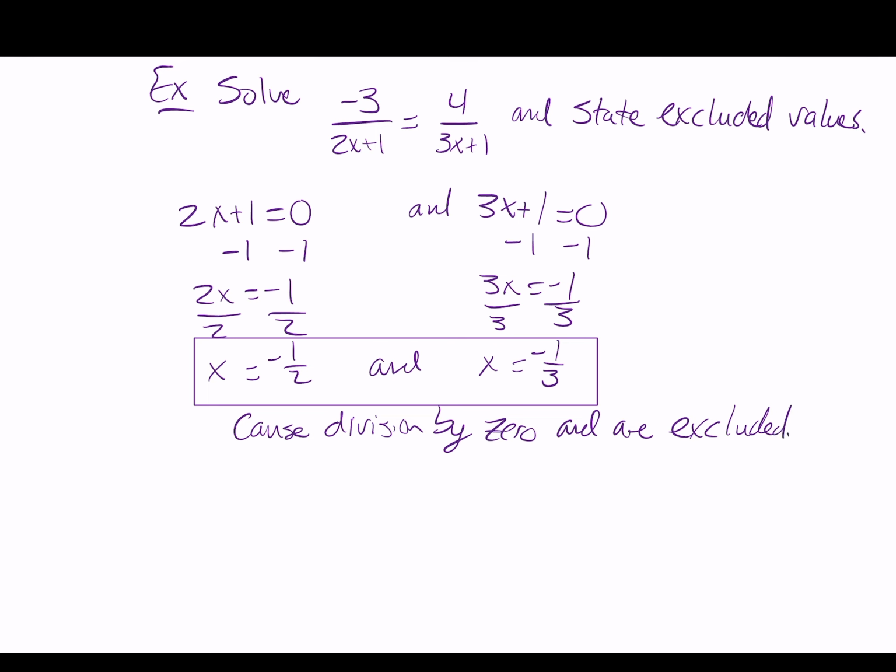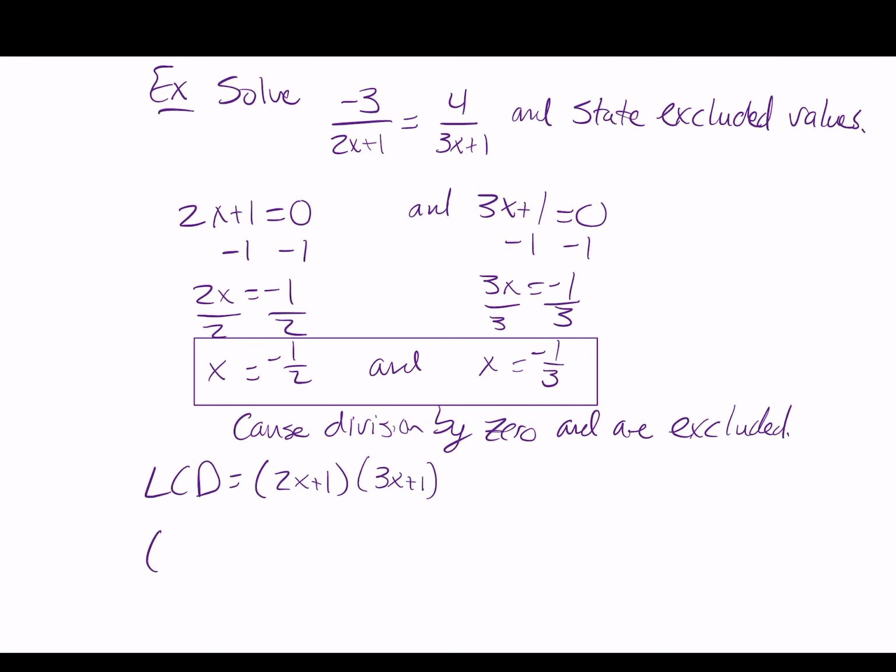Okay, so now we want to solve the equation. So we first find the LCD, and that will be all of the distinct factors. So 2x plus 1, 3x plus 1. And then we can multiply both sides of the equation by this LCD.